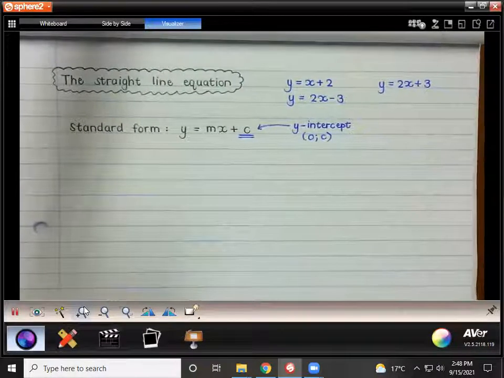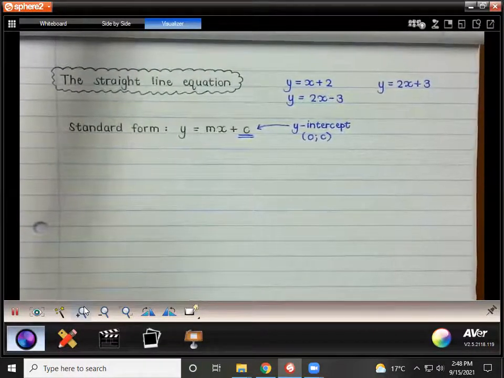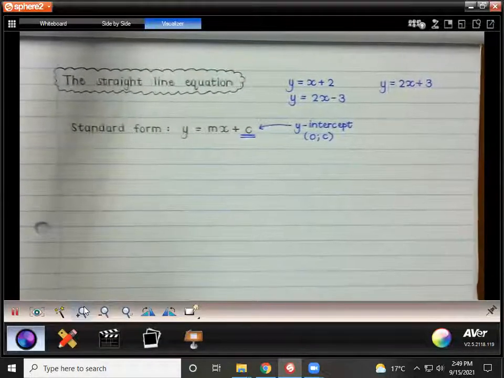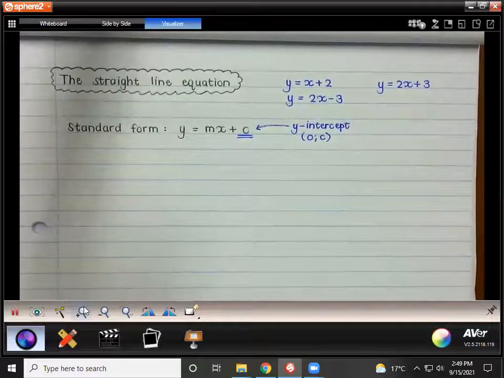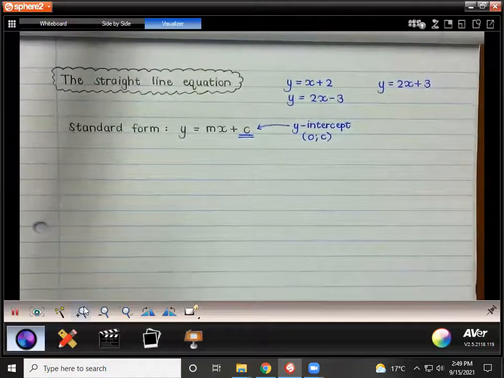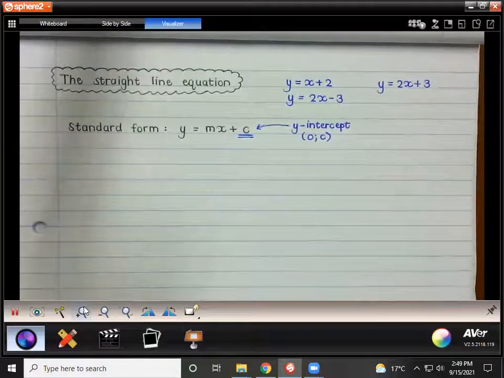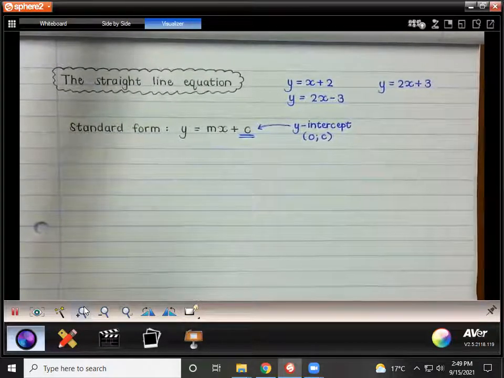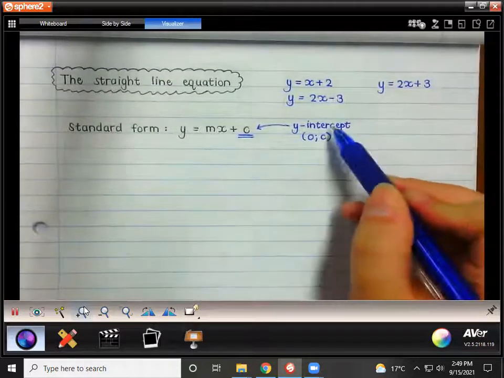The x value will always be 0. And the y value will be whatever c is, whatever the constant term is. So you're going to have to memorize that, guys. You're going to have to remember the standard form is y equals mx plus c. The c value, the constant term, is always the y-intercept.